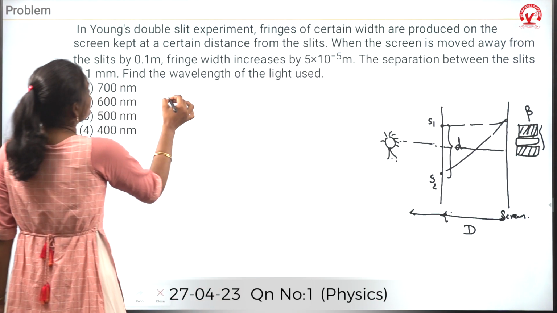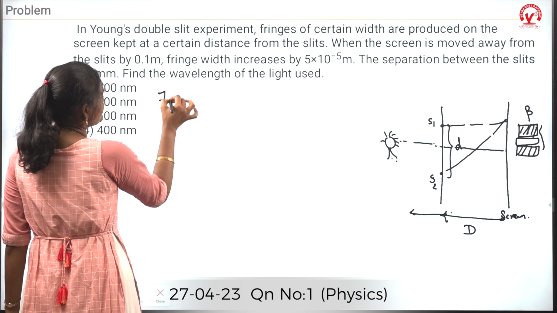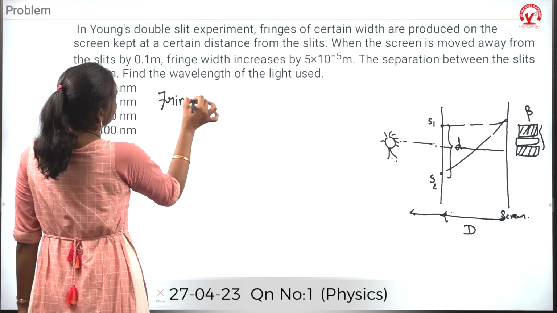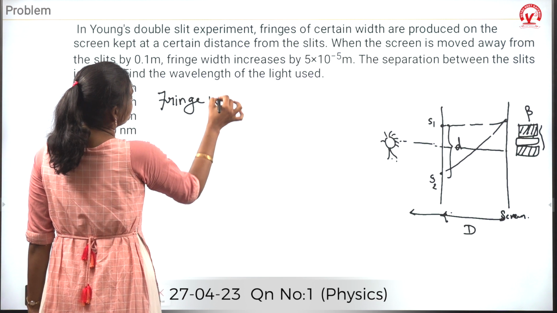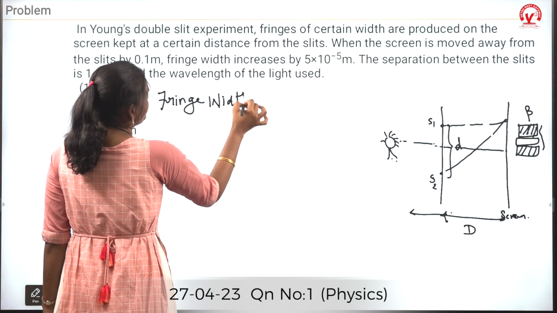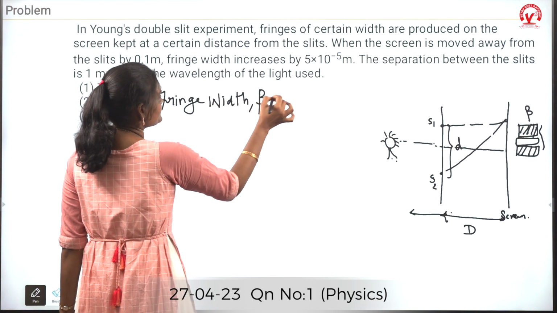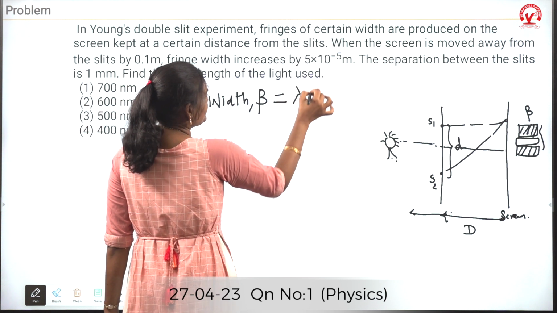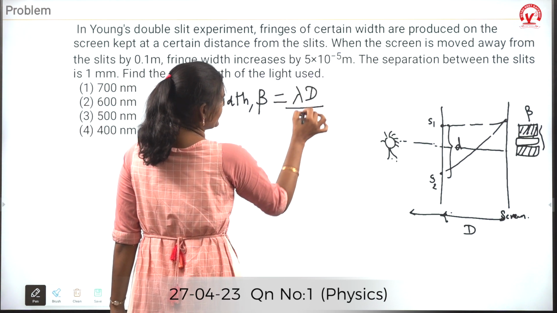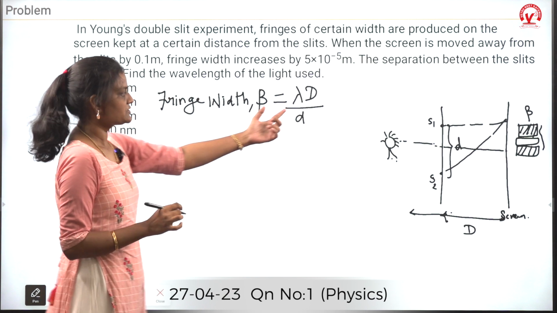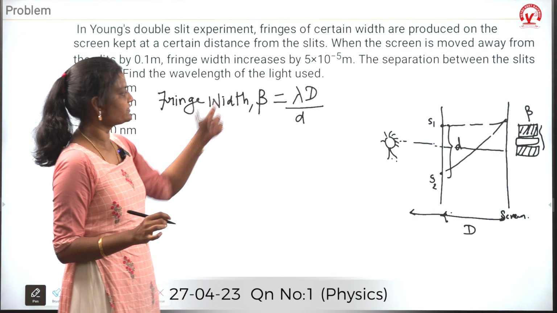What is the formula for fringe width? Representing the symbol for fringe width as beta, beta is equal to lambda D divided by d. Our aim is to calculate lambda, the wavelength of the light used.